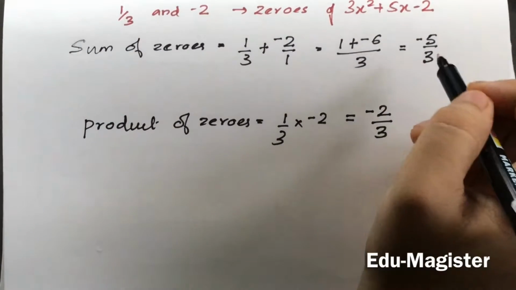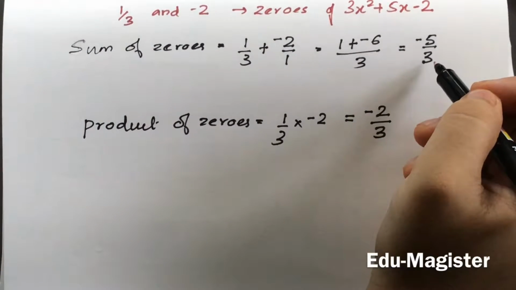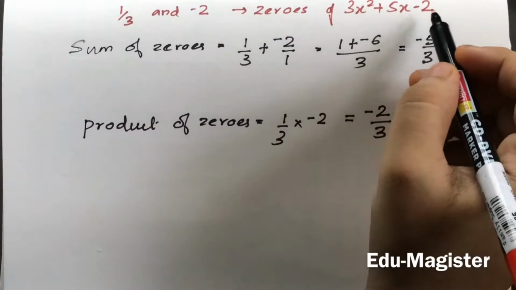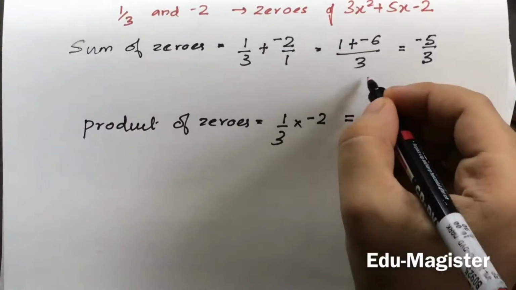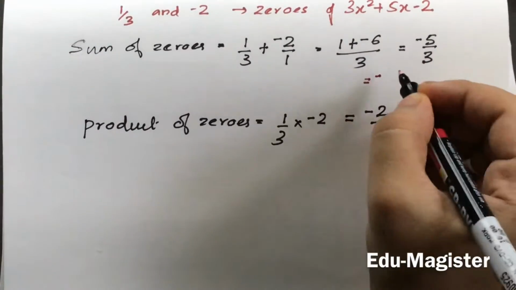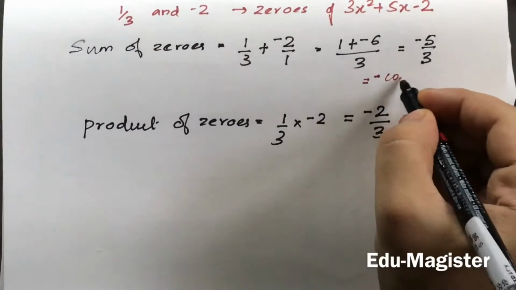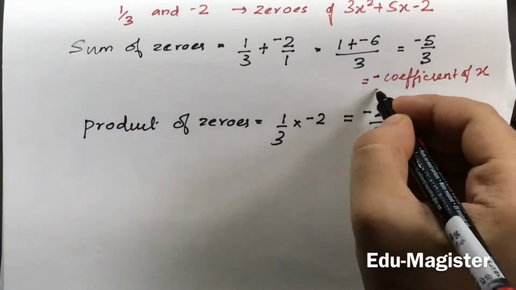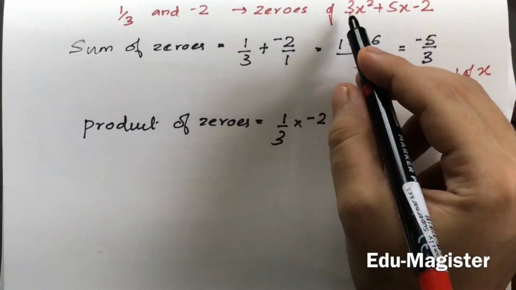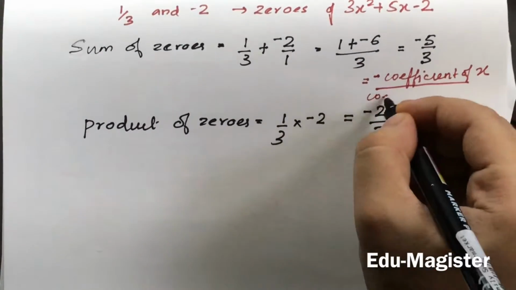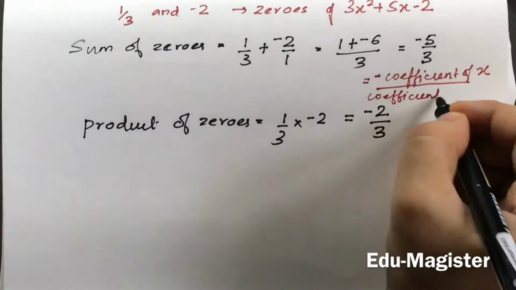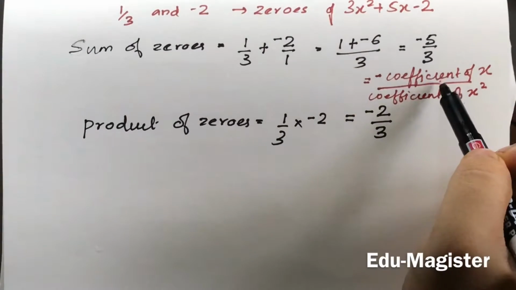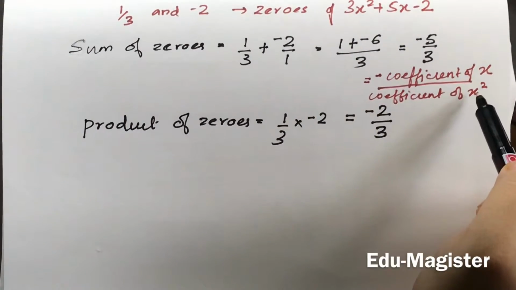Now, if you compare the sum of the zeros, that is minus 5 by 3, to our given question, that is 3x square plus 5x minus 2, you can see that this is equal to negative the coefficient of x by what is 3? The coefficient of x square. Is that clear? 5 is our coefficient of x and 3 is the coefficient of x square.